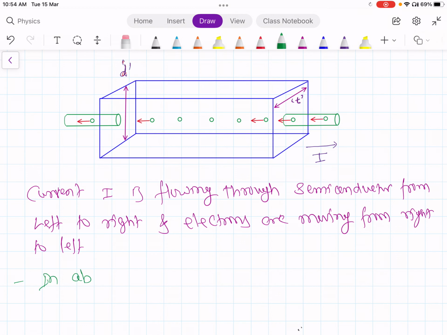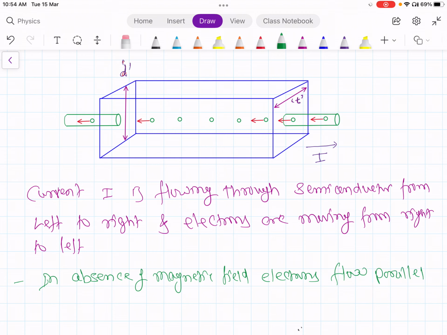So in absence of magnetic field, electrons flow parallel to top and bottom surface, as shown in this diagram.